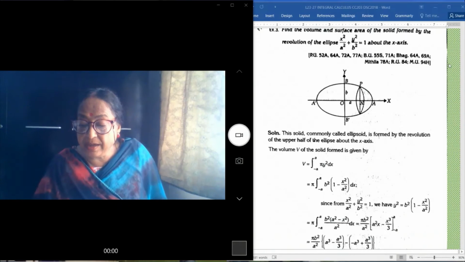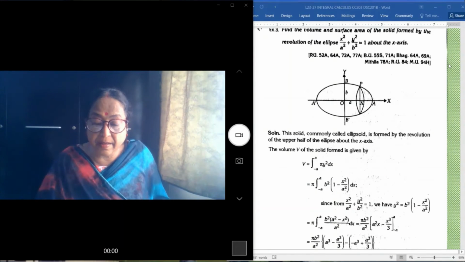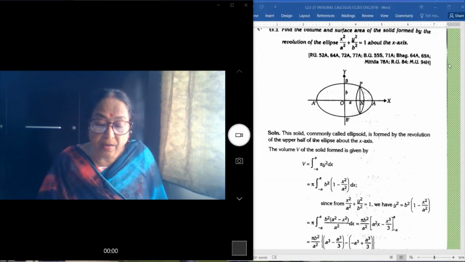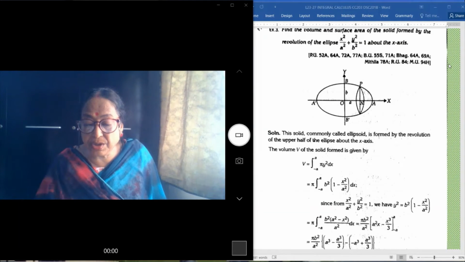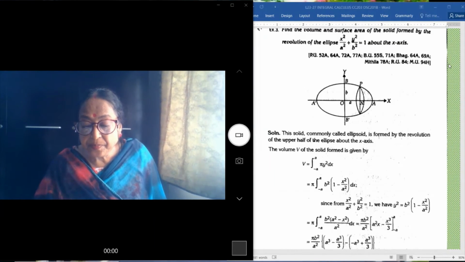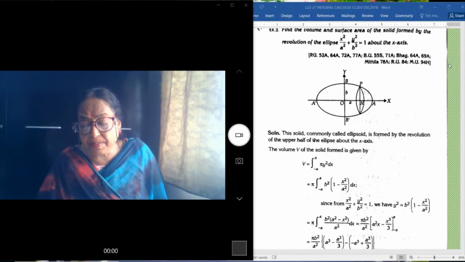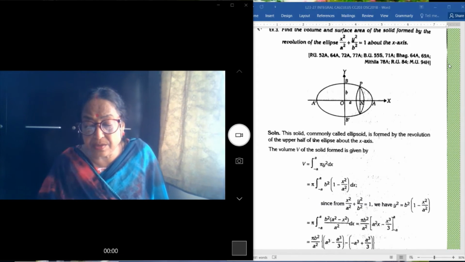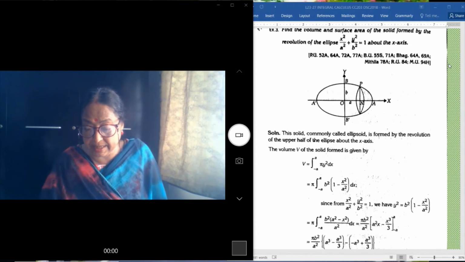Now find the volume and surface area of the solid formed by the revolution of the ellipse x square by a square plus y square by b square equal to 1 about the x-axis.